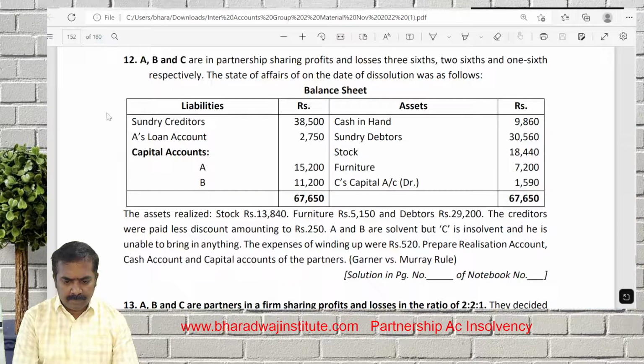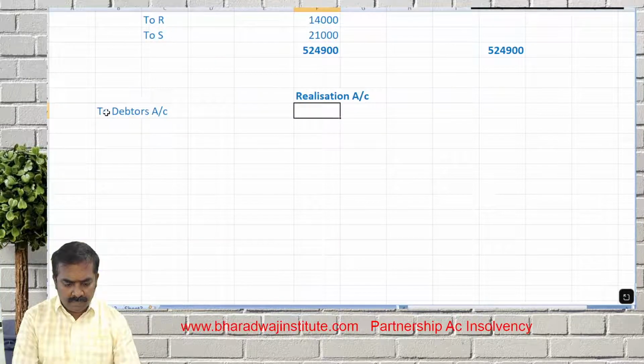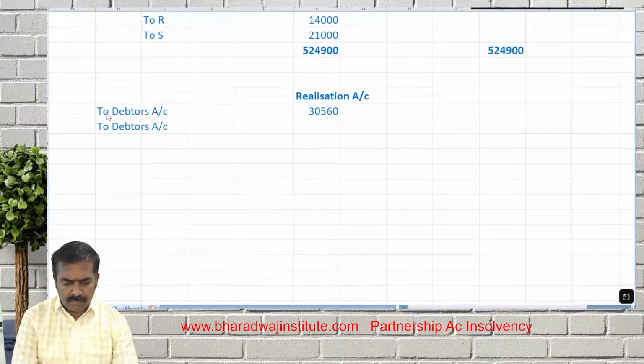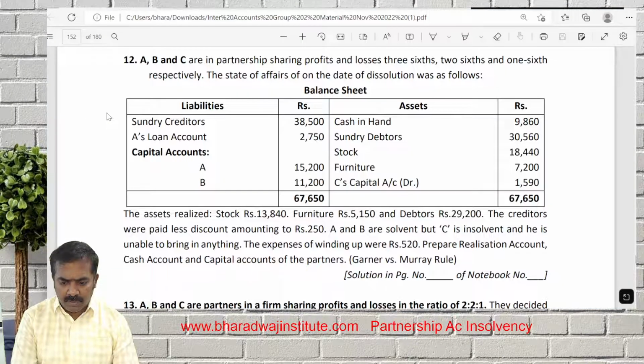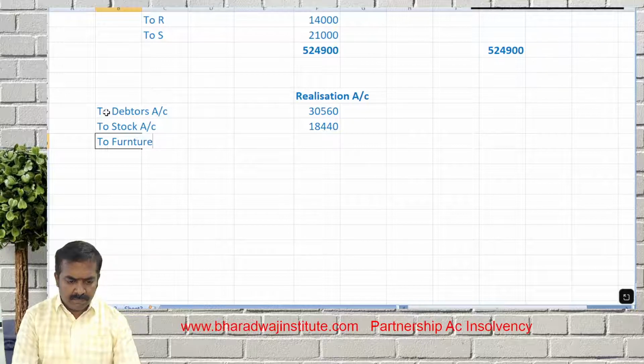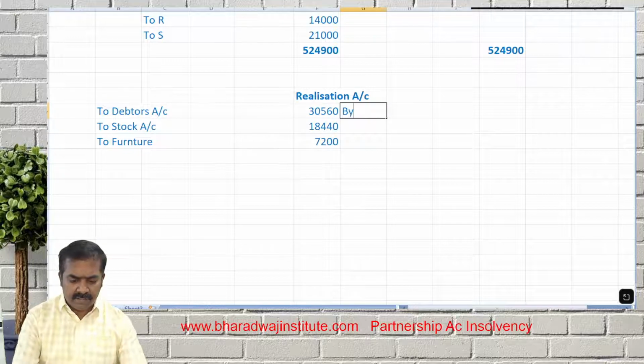How much? To stock account 18,440. Then 7,000, the only liability is creditors.